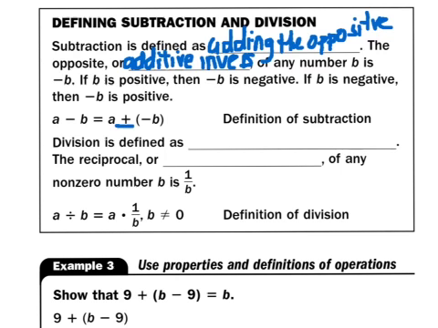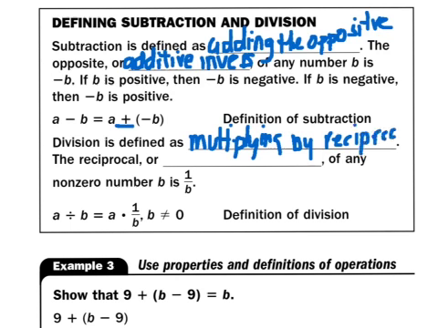So division is defined as multiplying by the reciprocal. The reciprocal, or the multiplicative inverse of any non-zero number b is 1 over b.